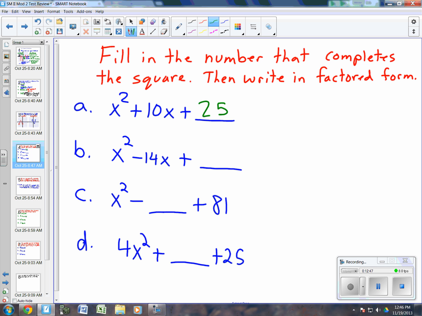Remember that, Marie? Half of 10 is 5. 5 squared is 25. You take half of the number by the x and square it. What is that factor to be? Okay, yeah. Now what is a factor to be? 5 squared. What is a factor to be?